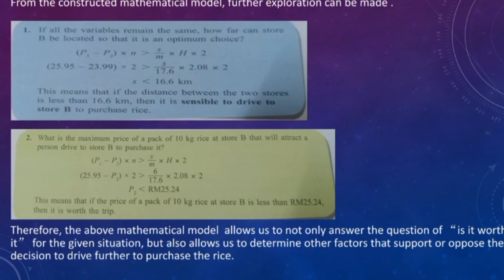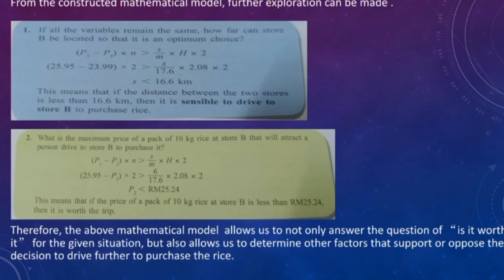From the constructed mathematical model, further exploration can be made. Number 1. If all the variables remain the same, how far can store B be located so that it is an optimal choice? 25.95 minus 23.99, times 2, bigger than S divided by 17.6, times 2.08, times 2.